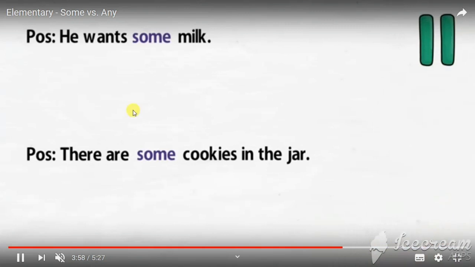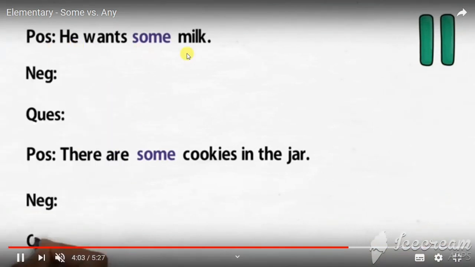Okay, if we have these two sentences, he wants some milk, there are some cookies in the jar. We want to change them into a negative or a question. He wants some milk. We say that the word some is used with positive sentences only.